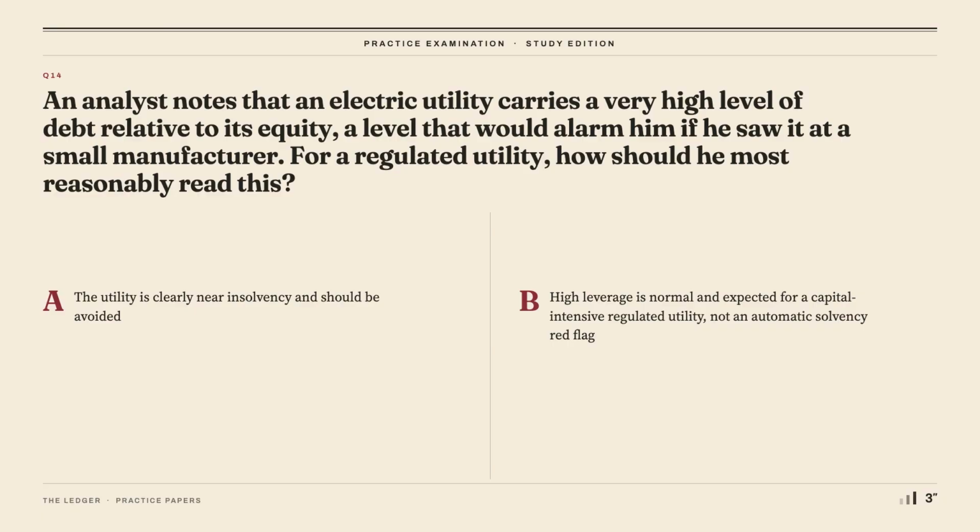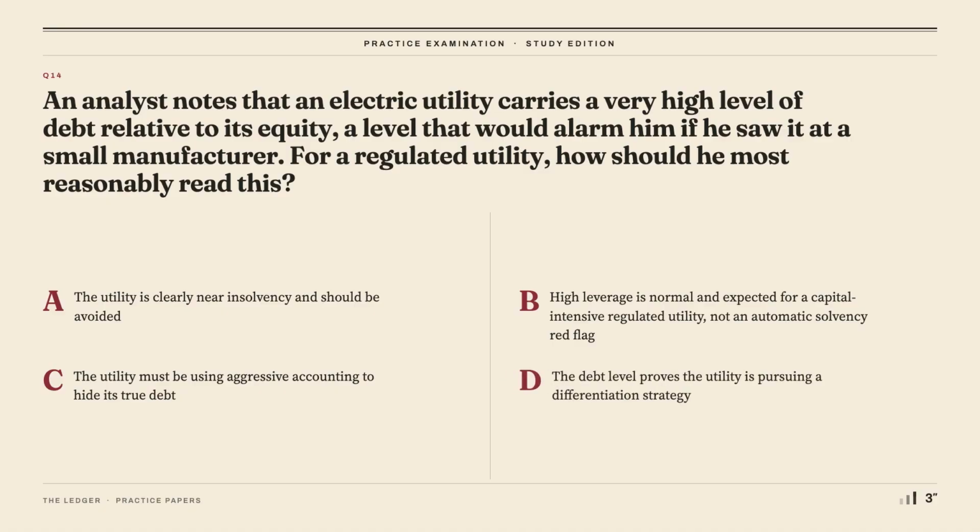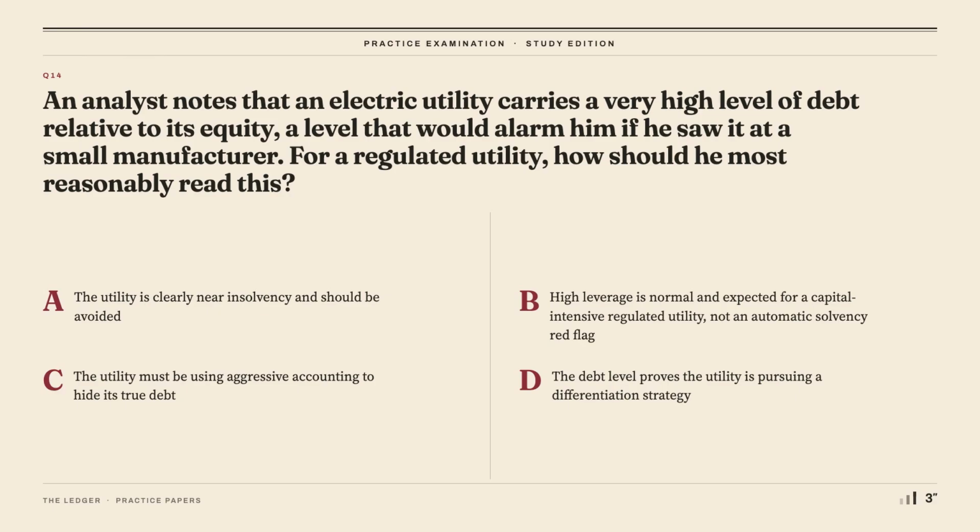B. High leverage is normal and expected for a capital-intensive regulated utility, not an automatic solvency red flag. C. The utility must be using aggressive accounting to hide its true debt. D. The debt level proves the utility is pursuing a differentiation strategy. Which would you go with? Lock it in before the reveal.